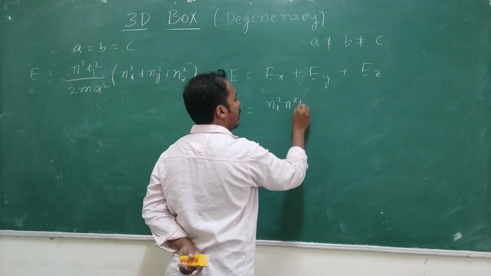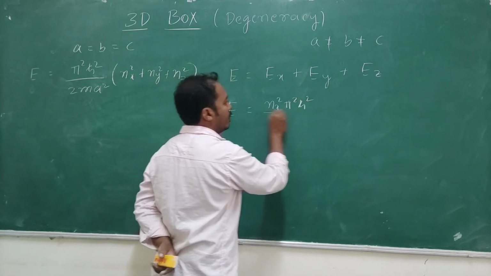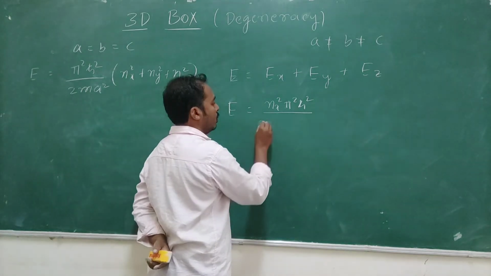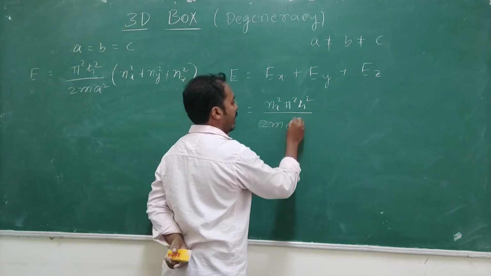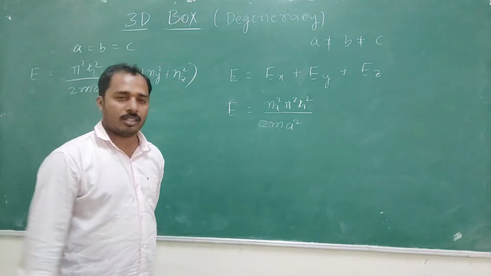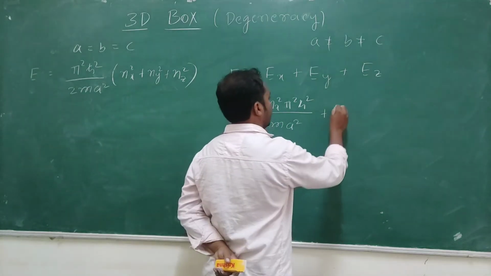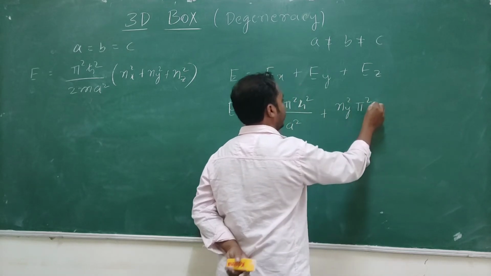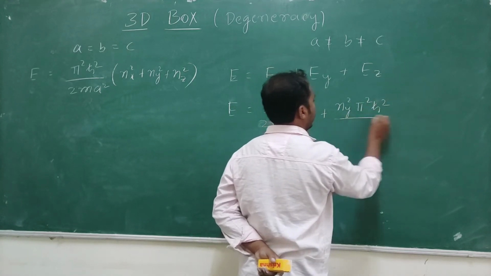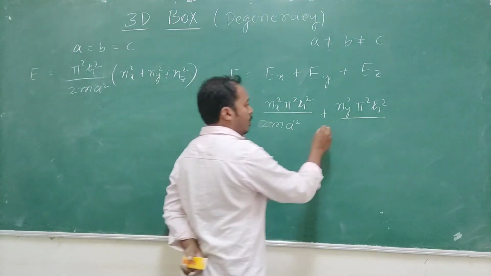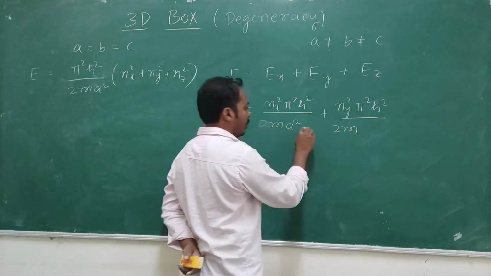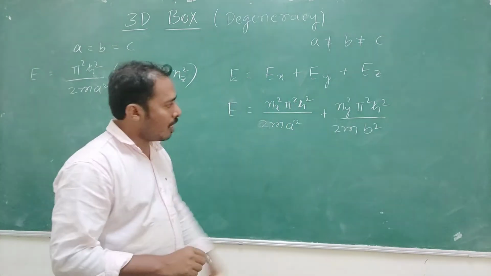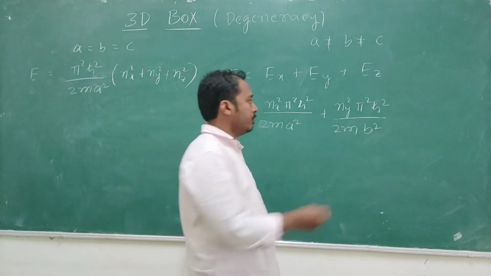π² ħ² divided by 2m a², plus ny² π² ħ² divided by 2m b². Along the y direction, the side length is b.